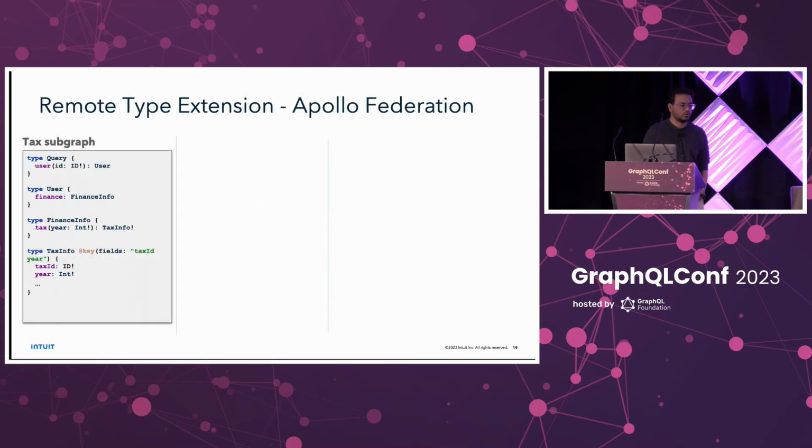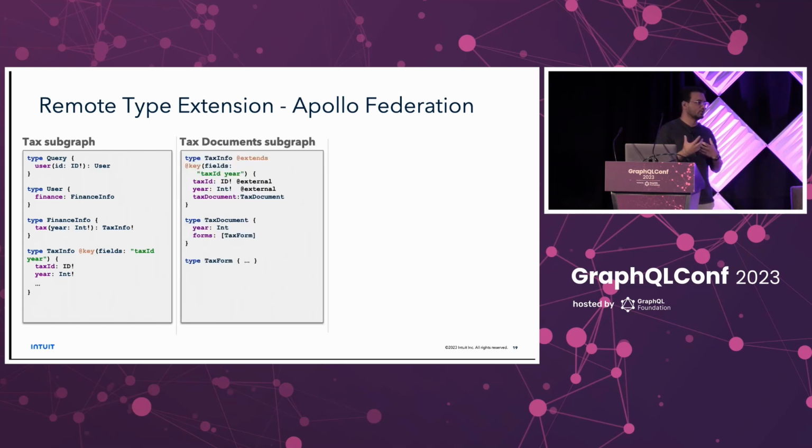The next type of schema composition that we did was, now Apollo started becoming very popular. There are subgraphs that started using Apollo. So we wanted to support Apollo Federation also in this orchestrator. With the same example, tax info type, we need to add the tax document subgraph, but with the Apollo spec. The Apollo spec looks like we have to define the tax info as an entity.